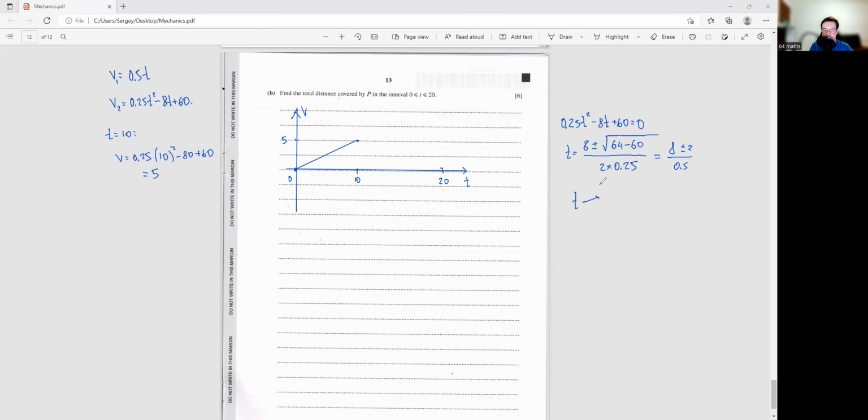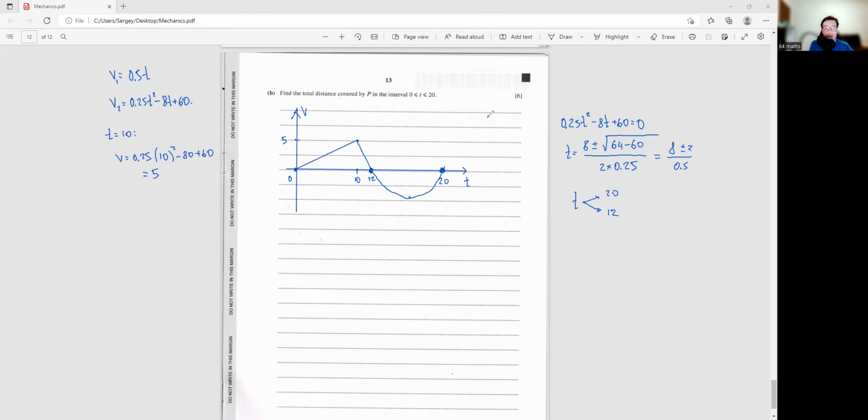So t is either 20 or 12. So somewhere here, we're going to hit the t-axis, velocity is 0, and we also intersect here when t equals 20. And in the middle, we're going to have the vertex.